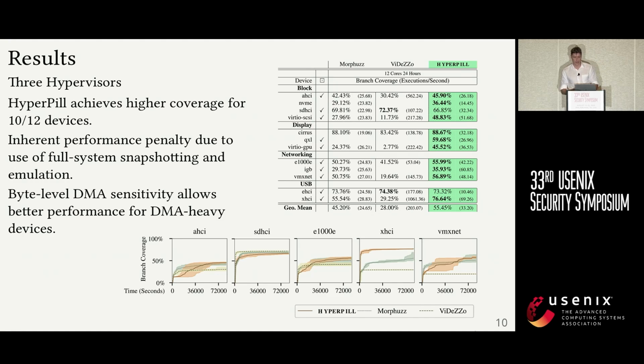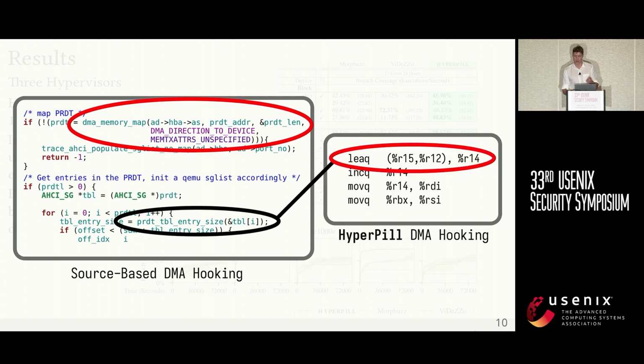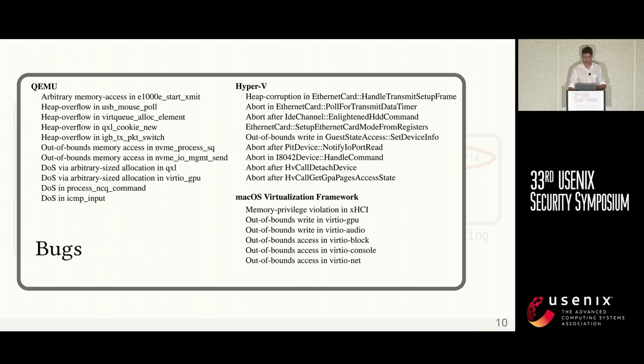And upon digging deeper into this, we saw that this is because the previous approaches rely on source-level hooking in order to be able to fuzz DMA. And by doing this source-level hooking, there's not enough granularity to be able to inspect byte-level DMA accesses, which is what we're able to do with HyperPill because we do this at the instruction level.